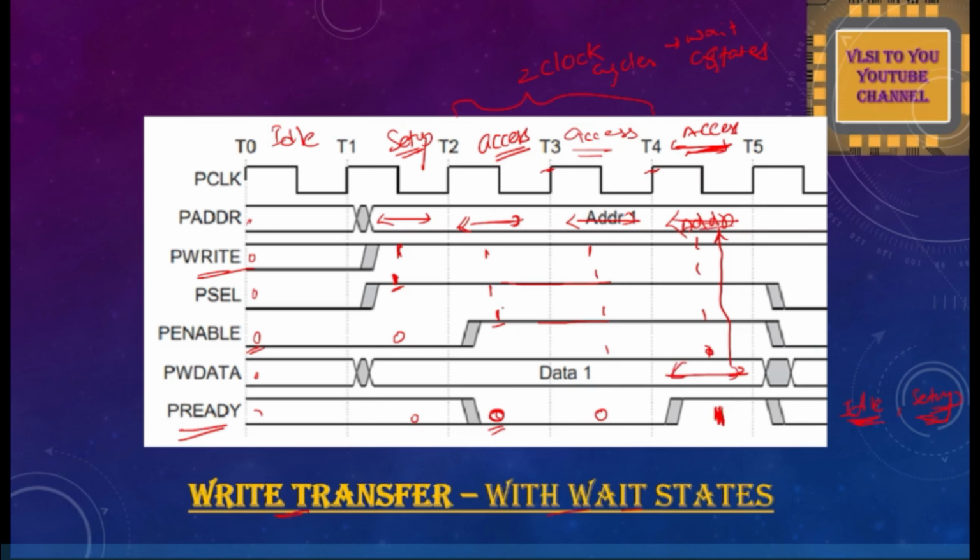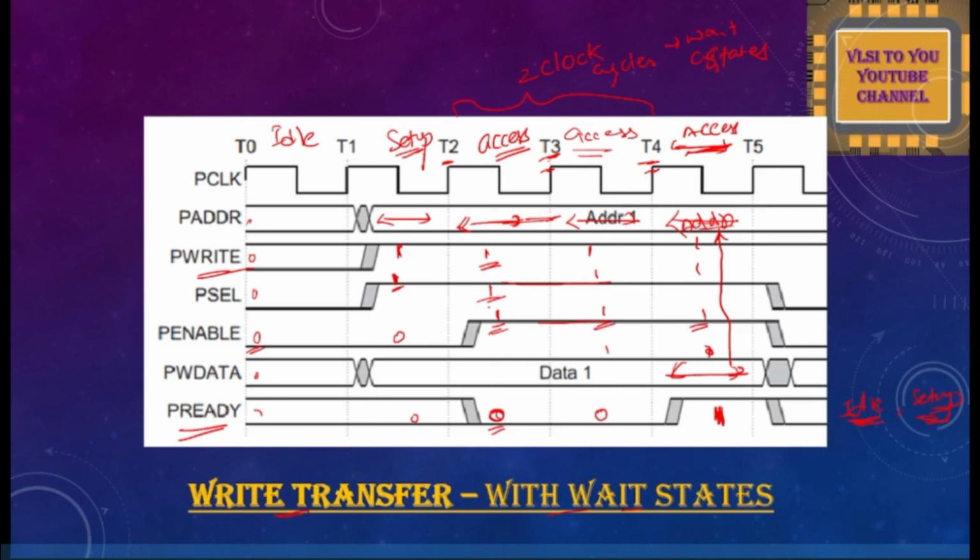So this is how the waiting is happening. One important thing while we are talking about this, I have talked about this in yesterday's session also. During the wait state, that means these two states are wait states, no data should be changed, like either PADDR or PWRITE values or PSEL values. The PENABLE values should remain unchanged.